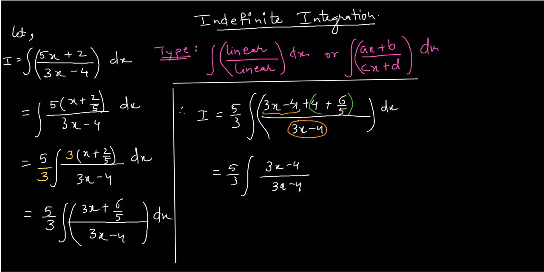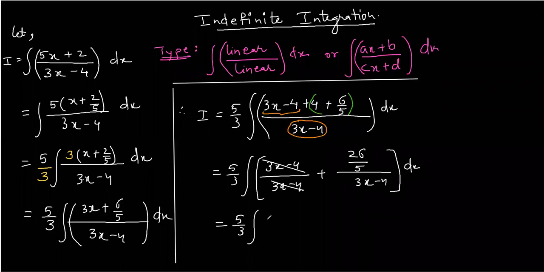I split the denominator. Once I see exactly what I have in the denominator, I split it. So (3x - 4)/(3x - 4) plus, here I get 20 + 6, that is 26 upon 5, upon 3x - 4, dx. This gets cancelled, so I get 5/3, this is 1 here, and here I get 26/5 into 1/(3x - 4) dx.